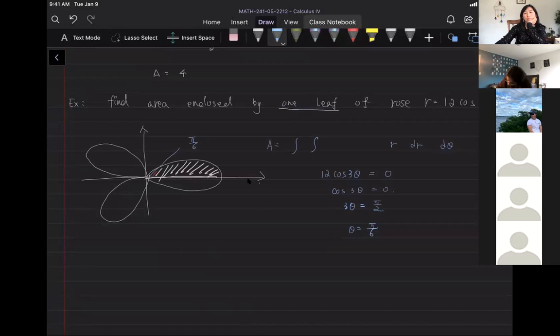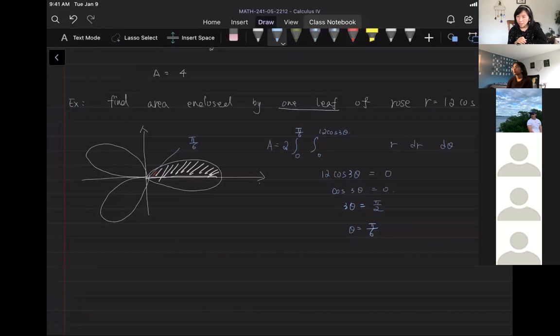Actually, for this problem, the only thing we need is just finding the θ. So it should be θ from what to what. And for the area, we need 2 times the double integral if we do it this way, right? θ from 0 to π/6, and r from 0 to 12 cosine 3θ.